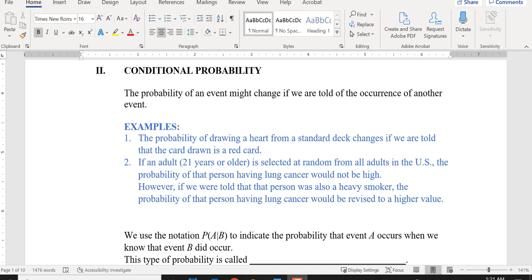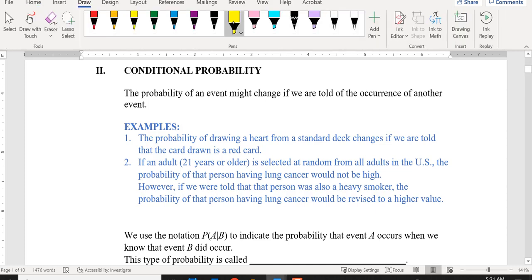So we're going to use the notation, the probability of A given B. So did you hear how I read that? The probability of A given B to indicate the probability that an event A occurs when we know that the event B did occur.